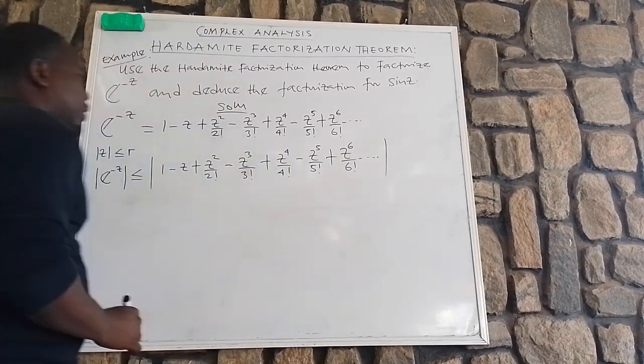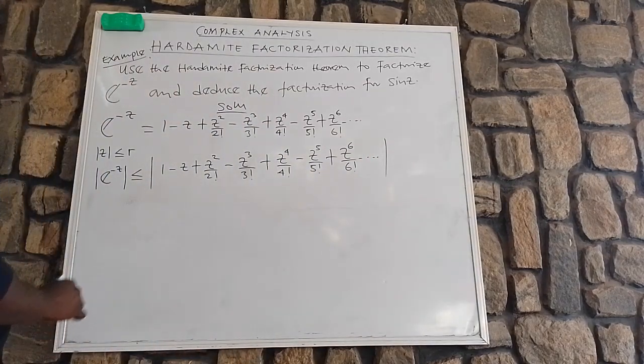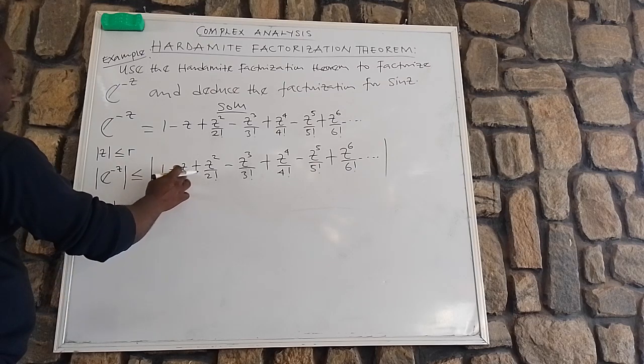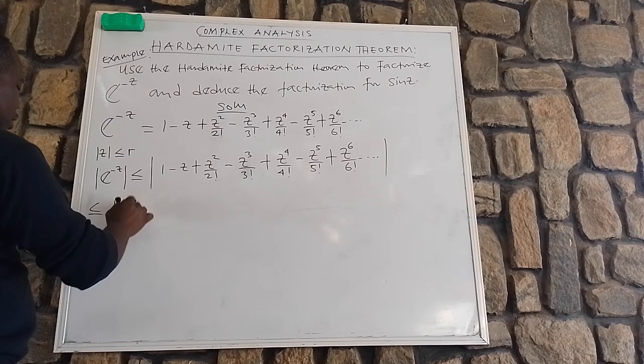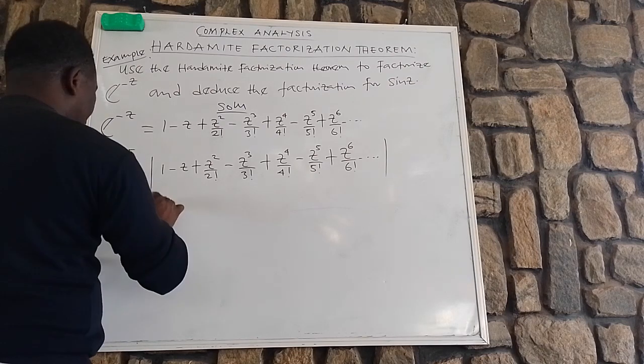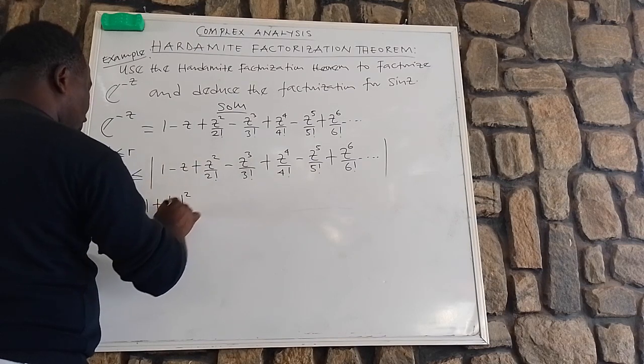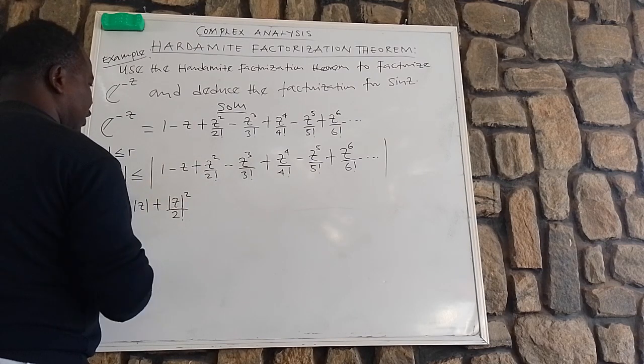So this will now be equal to 1. Since we want to take the mode of z, this negative sign will now be plus mode z plus mode of z raised to power 2 all over 2 factorial.